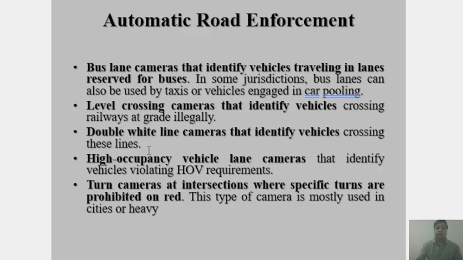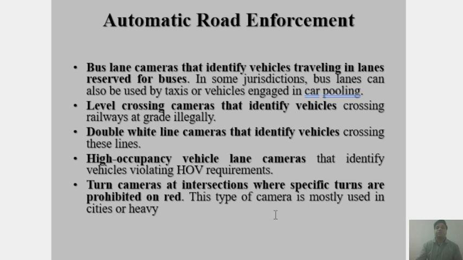Different cameras like double white line cameras are also there, which identify vehicles crossing the lines. High occupancy vehicle lane cameras identify vehicles violating the high occupancy vehicle requirement. Then there are cameras at intersections where some turns are prohibited, and they are marked as red.